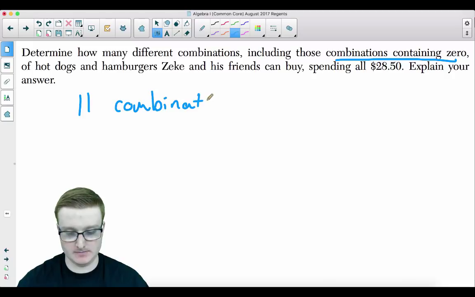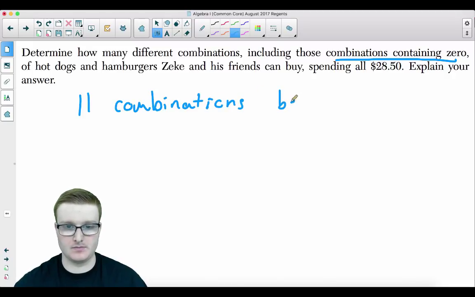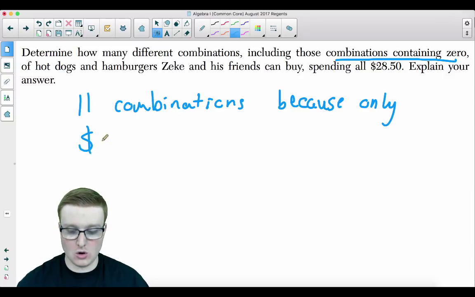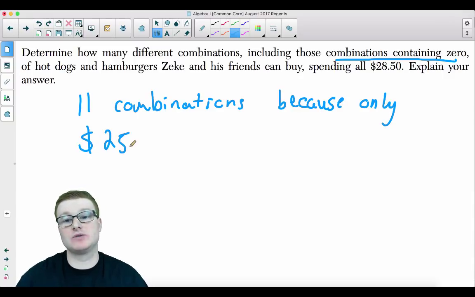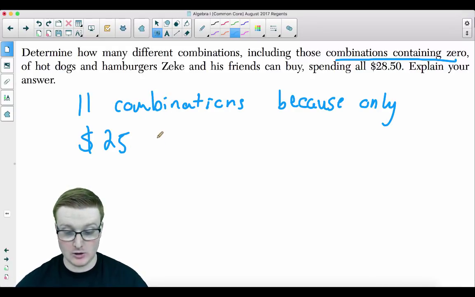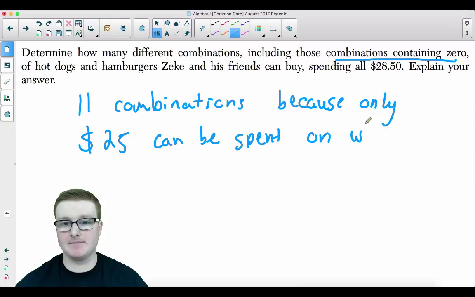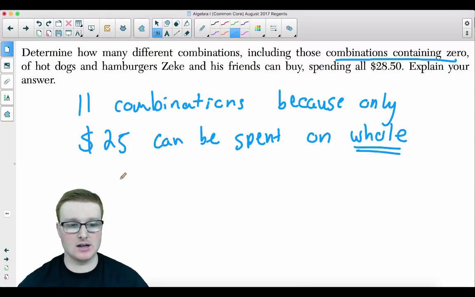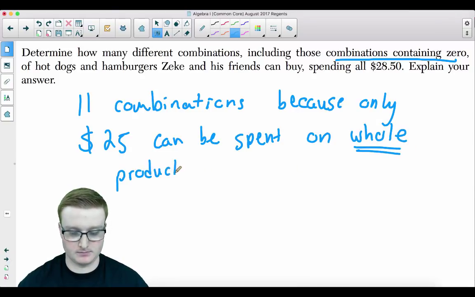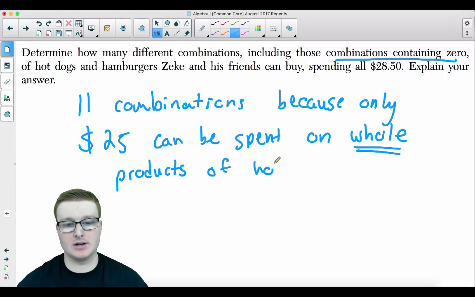Now here's the explanation part. Because only $25, which is the result from $28.50 minus the $3.50 spent on soda. So they could only spend $25 on food. So only $25 can be spent on, here's a key, whole products of hot dogs and hamburgers.